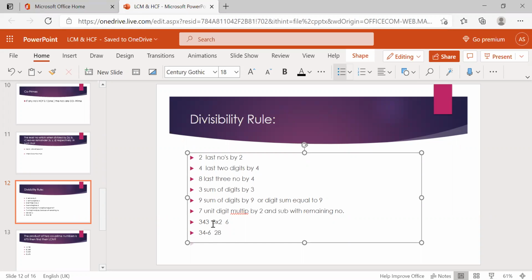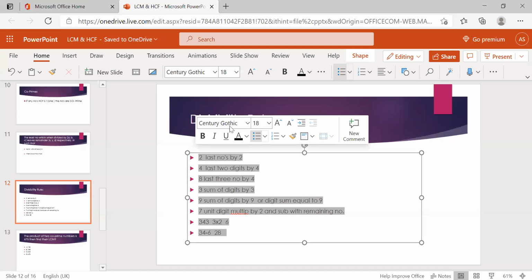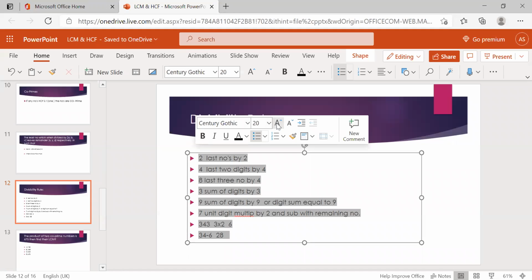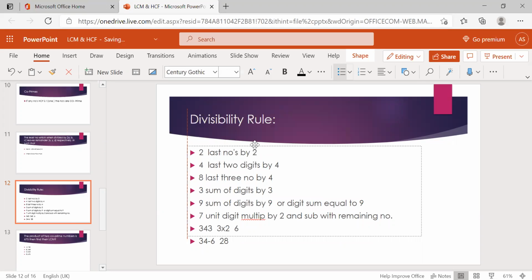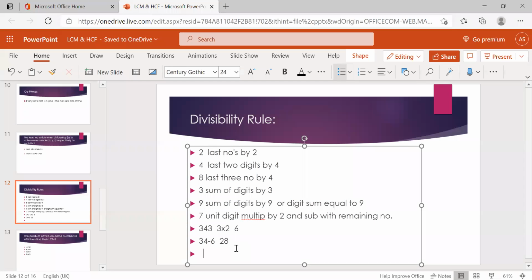And one more trick is there for 7. Suppose any number is more than 4 or 5 digits. Suppose 180910.